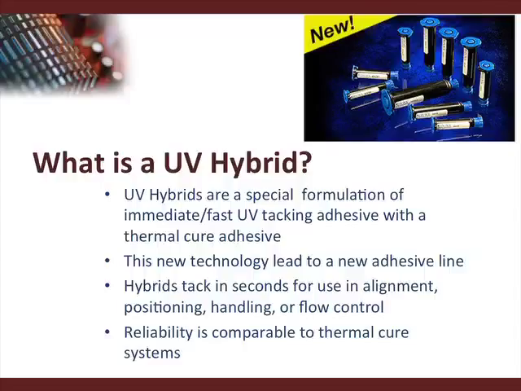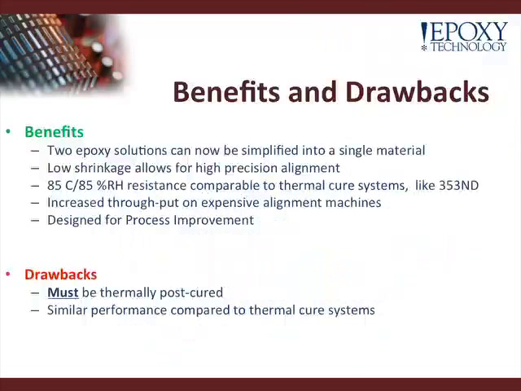Those products can then be thermally post-cured, and with that thermal post-cure, their reliability is comparable to pure thermal cure systems. So the reliability is much more than any standard UV, whether it be UV cationic or UV free radical system.